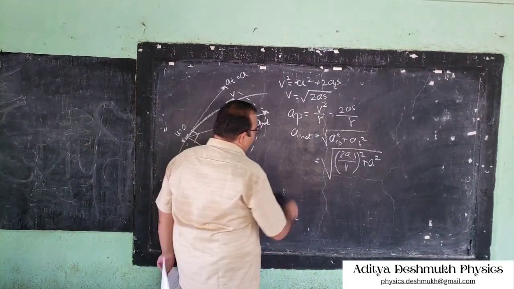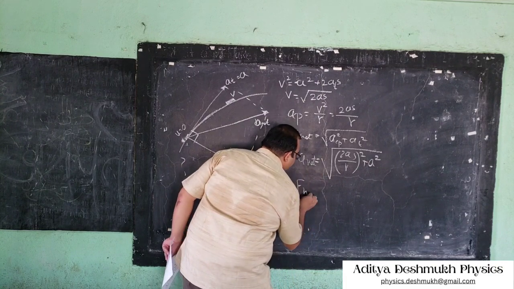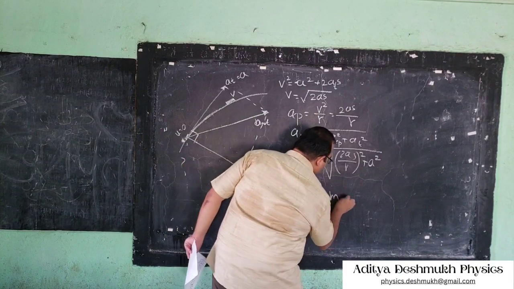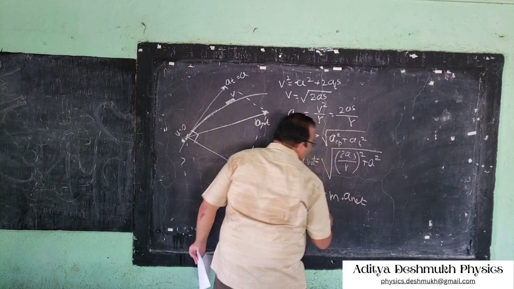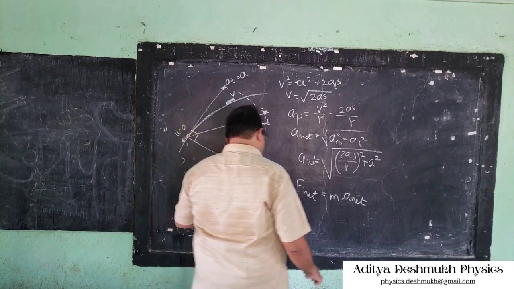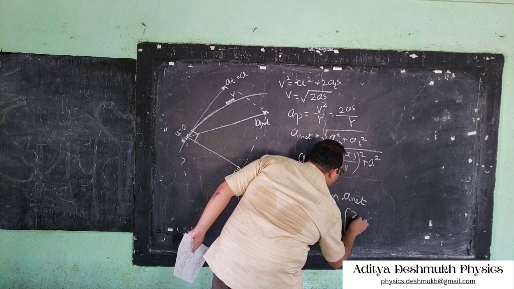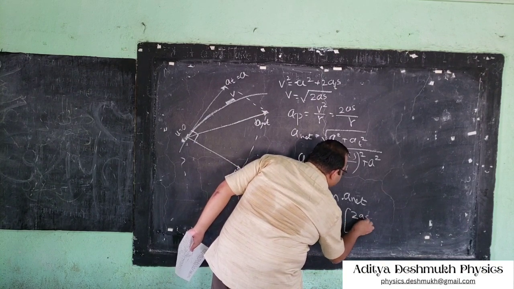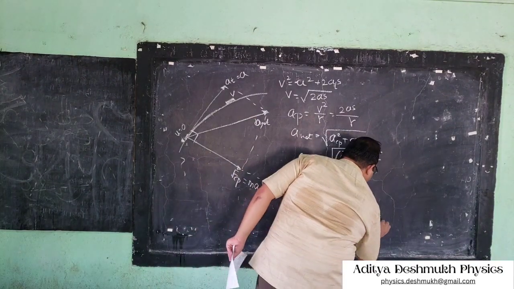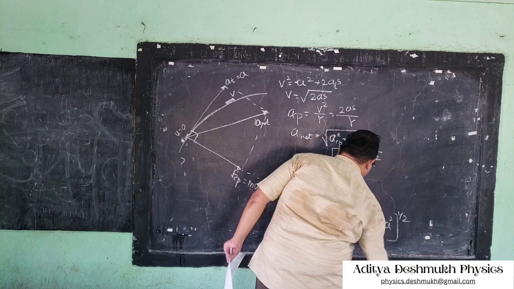So if this is a_net, my F net will be m into net acceleration using Newton's second law. So my net force will be m into ((2as by r) square plus a square) raised to 1 by 2.